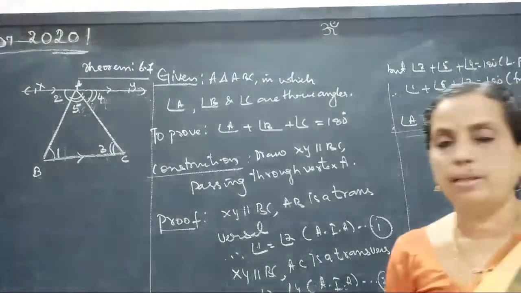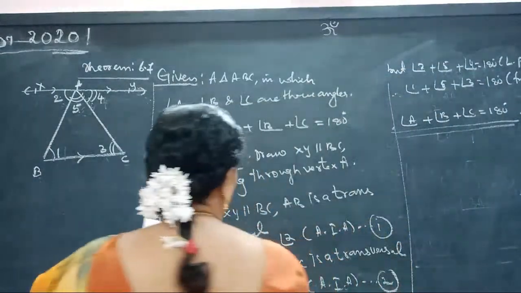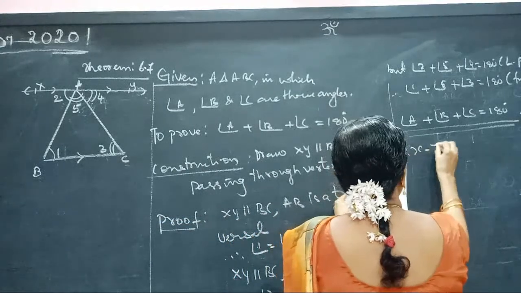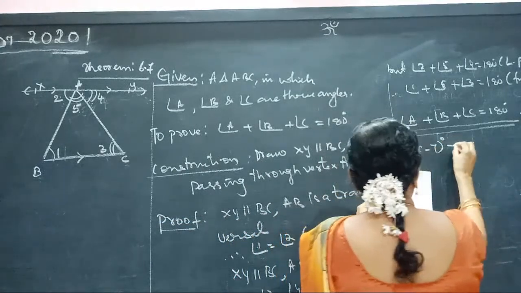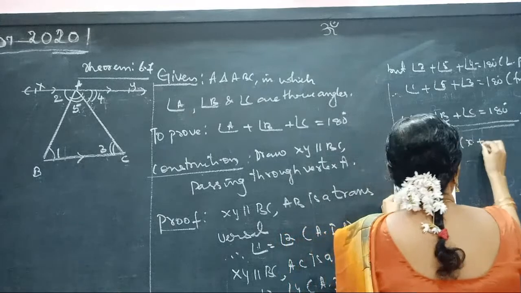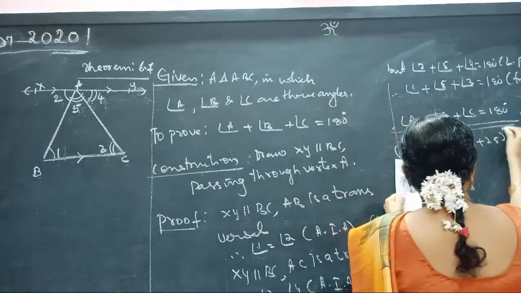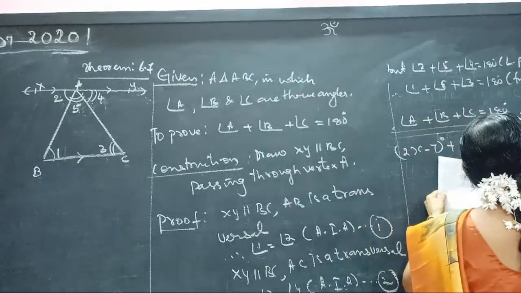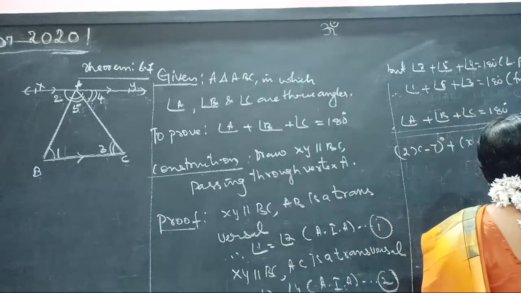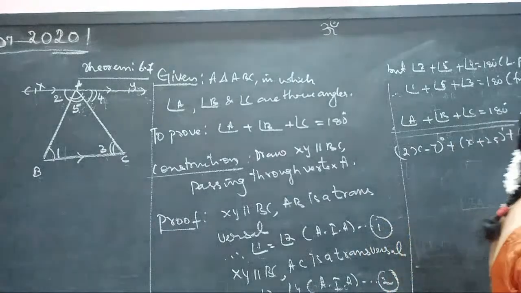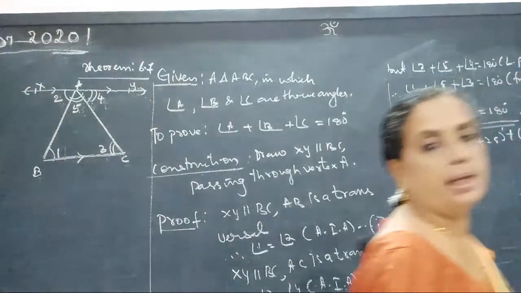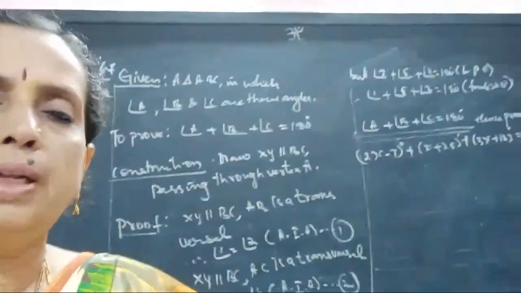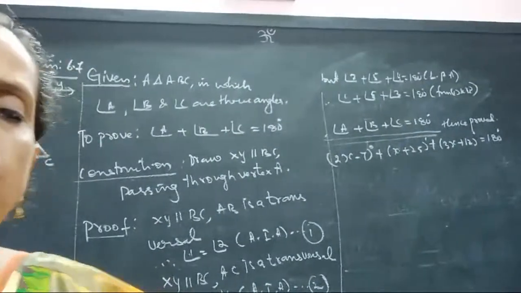They have given the angles of the triangle as 2x minus 7 degrees, x plus 25 degrees, and 3x plus 12 degrees. They have mentioned angles A, B and C with different measurements with respect to the x value.